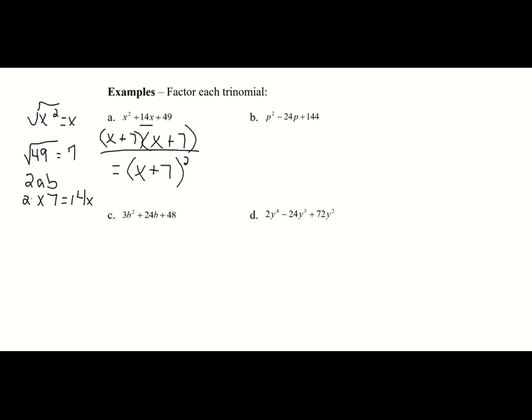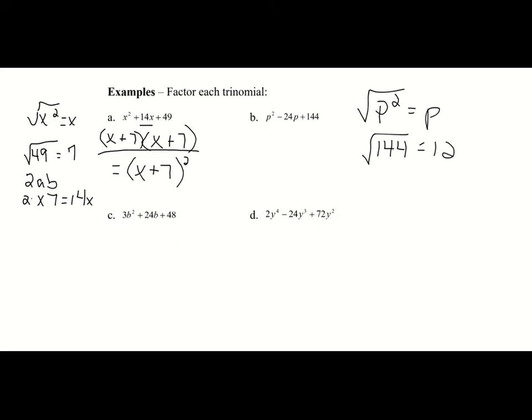All right, now for B, I have a minus and then a plus, so it could be a perfect square trinomial. I know the square root of p squared is p, so that's nice and easy. And I know that the square root of 144 is 12.